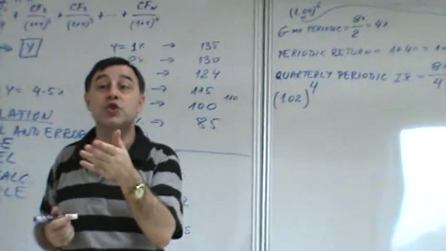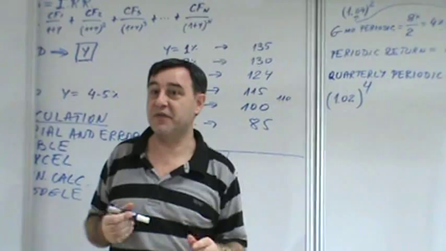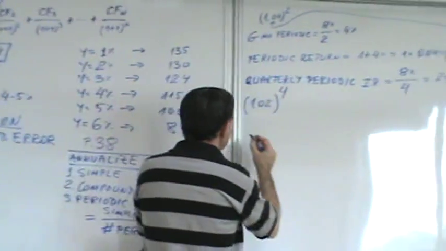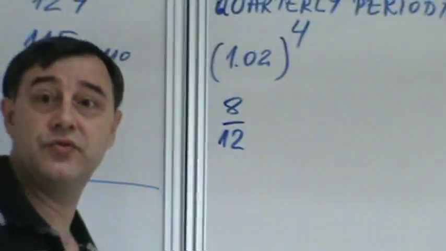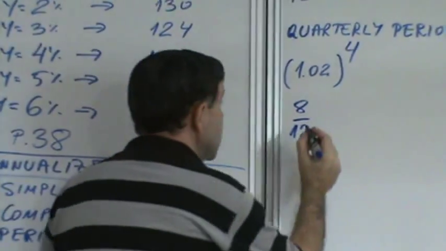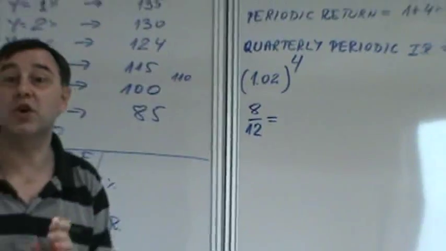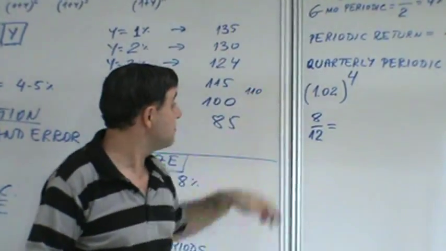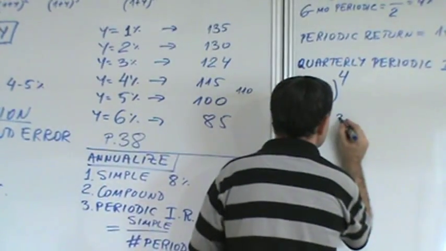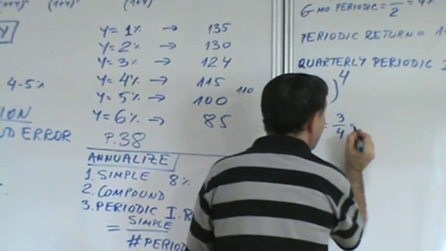Well, if it's 12, what's going to happen? It's going to be 8 over 12, right? So the monthly periodic return is going to be 3 over 4.